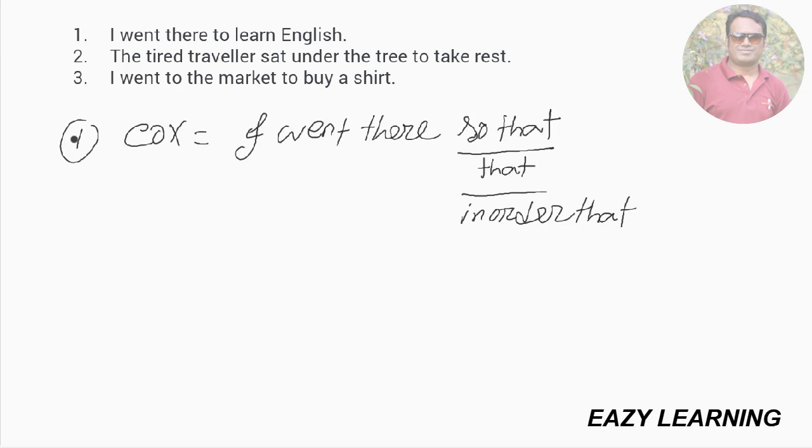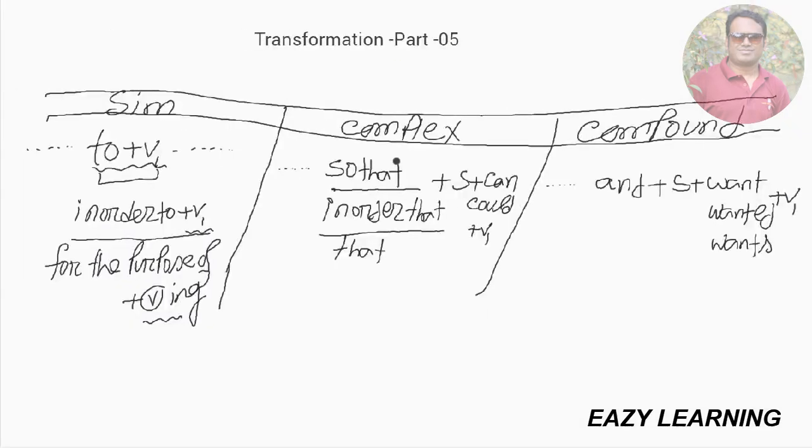So I have written here, I went there so that I. I have to write a subject. Why have I written a subject here? Because I have already told you that just after so that you have to write a subject. After that you have to write can or could according to the sentence, present or past.